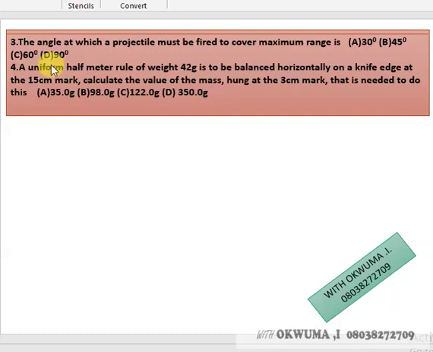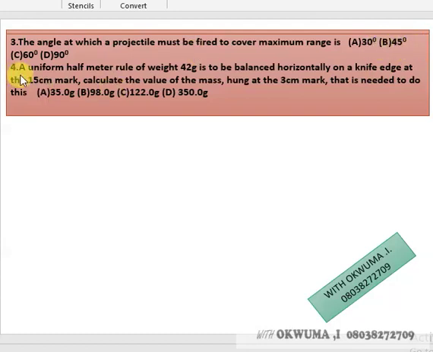Our answer is what? 45 degrees. That is option B. For you to obtain maximum range, the angle of projection must be 45 degrees.